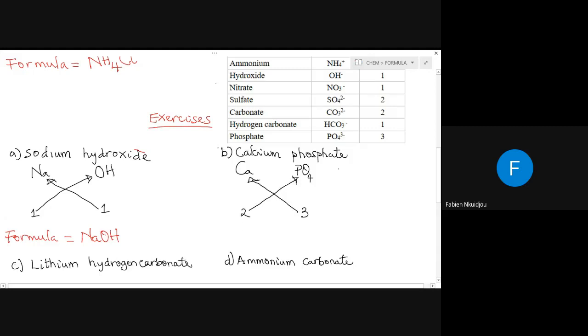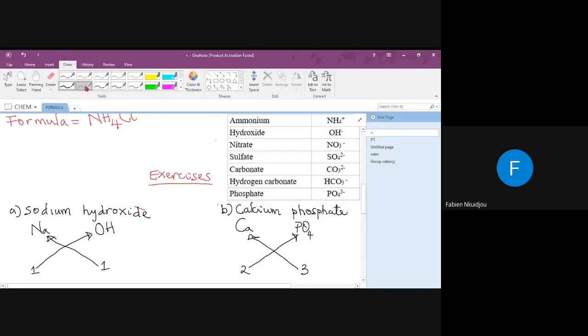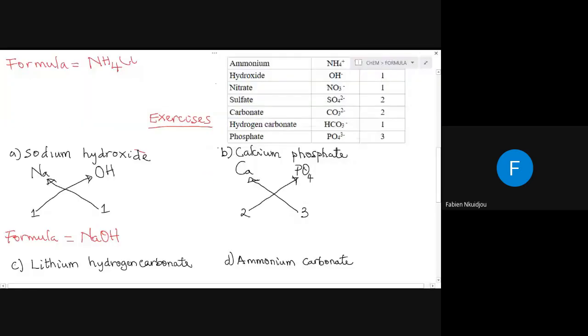So the formula of calcium phosphate is, we have Ca3, and the phosphate compound ion, we put it in brackets. So PO4, and the 2 is out. So that is calcium phosphate. Okay.